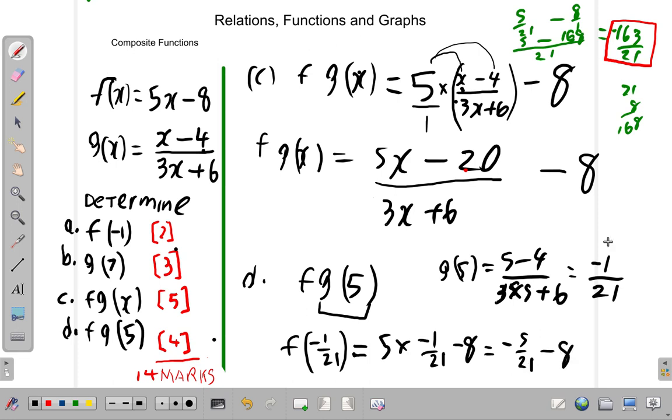Right? Oh, this is a positive. My mistake. Why did I write negative up here? 5 minus 4 is positive 1. Right, I just saw it. Good. So this is a positive 1 over 21. So what we have here is 5 times 1 over 21. It's going to be a positive 5 over 21 minus 8. So what does that give you?